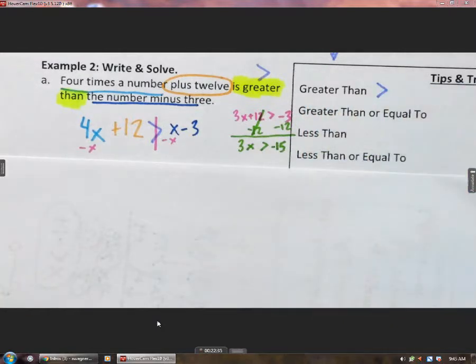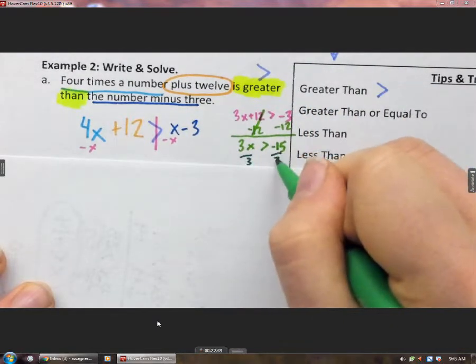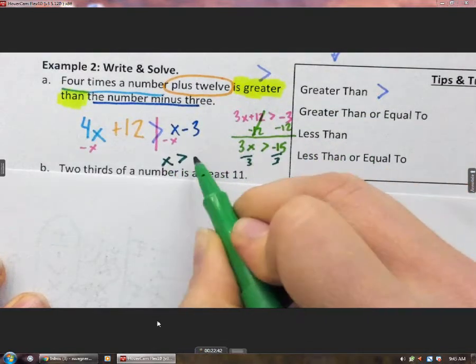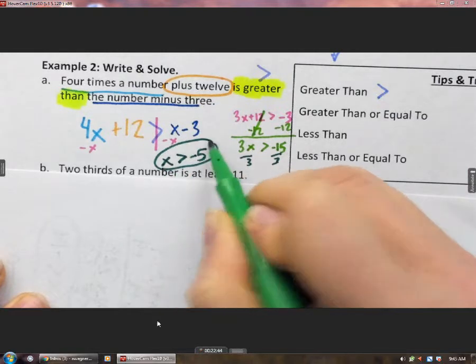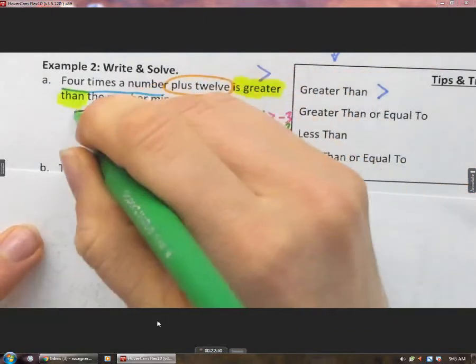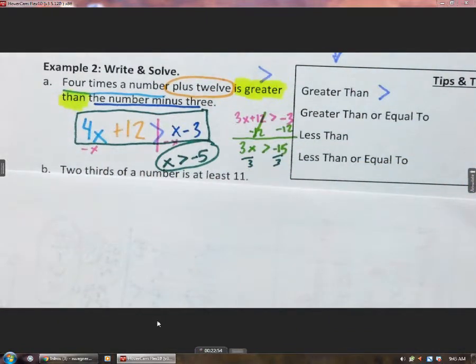How do you get x by itself? Divide by 3. So I'd get x is greater than negative 5. Do you have to graph this one? No. What I'm looking for on your homework is that you wrote it originally and that you solved it. It's write and solve.